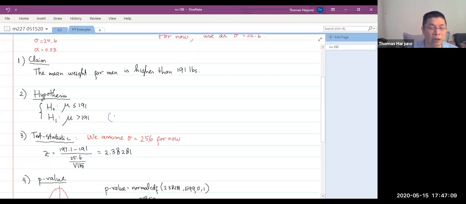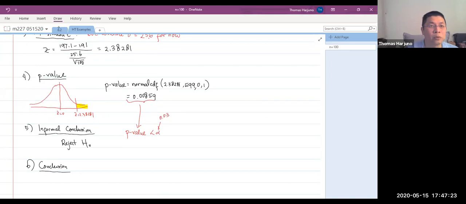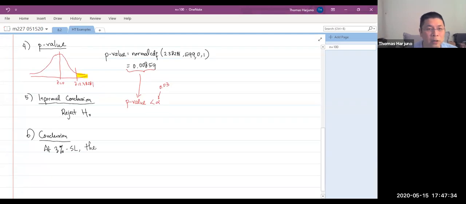The claim is here, higher than 191. We did a right-tail test earlier. So the conclusion will be: at the 3% significance level, there is sufficient evidence to support the claim.